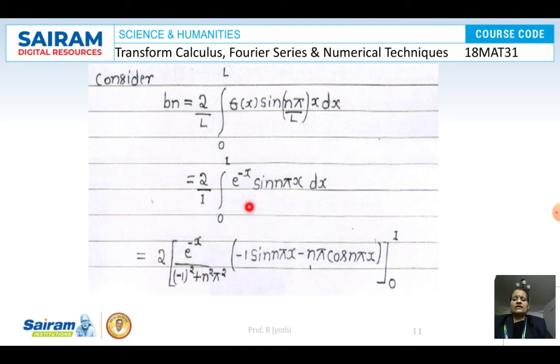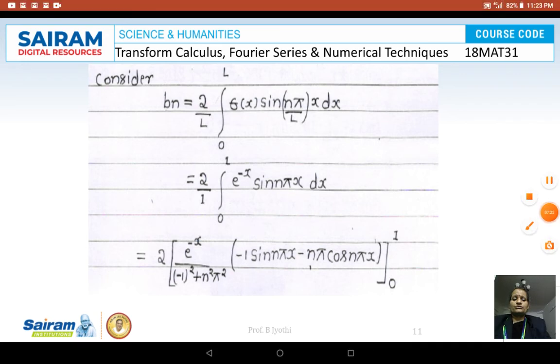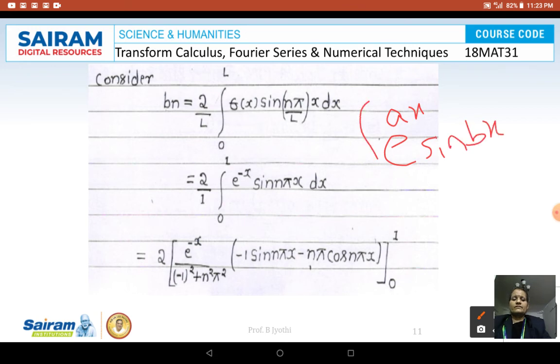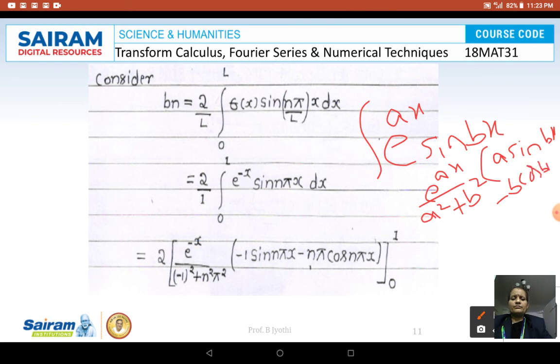Which on integration, that is by using the formula that is as I told you already, e to the power ax into sin bx, the integral of this is given by e power ax divided by a squared plus b square into (a sin bx minus b cos bx). This is the formula which we have applied here.